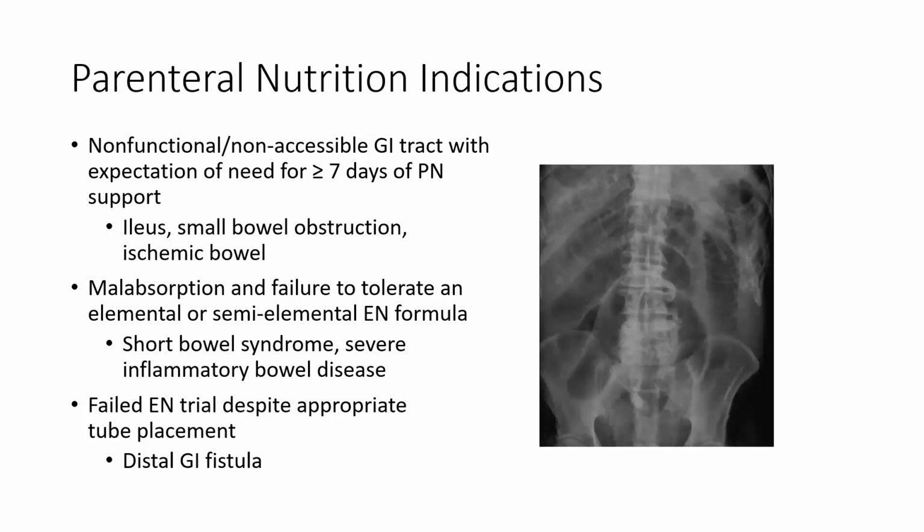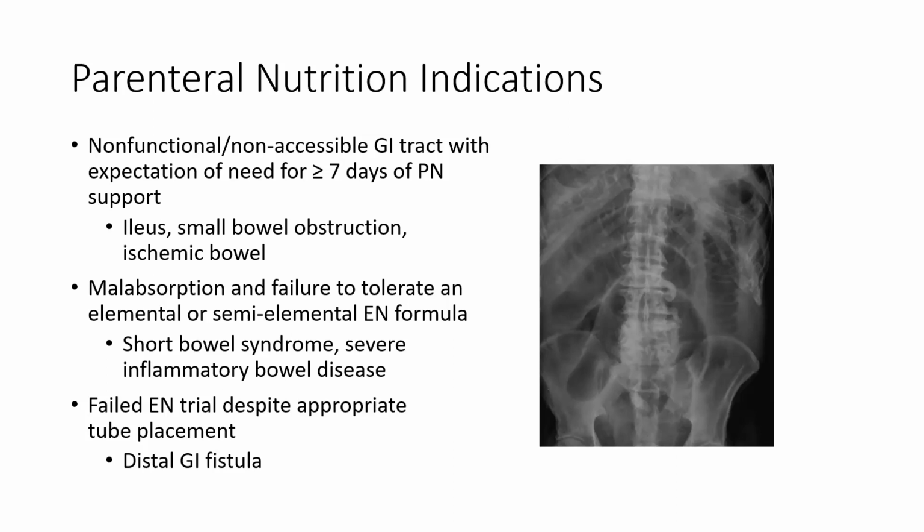However, in selected situations, parenteral nutrition can be indicated. It is so in a non-functional or non-accessible GI tract. Such situations include ileus, small bowel obstruction, and ischemic bowel. It is also indicated in malabsorptive conditions, such as short bowel syndrome and severe IBD.